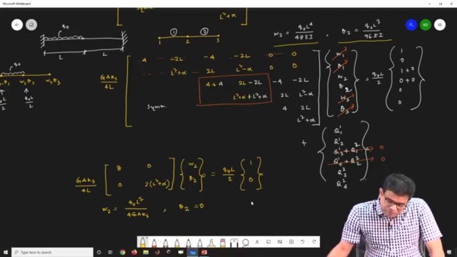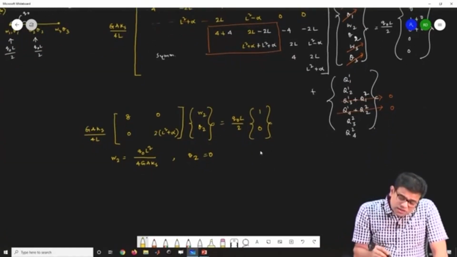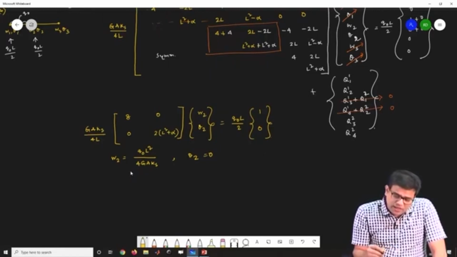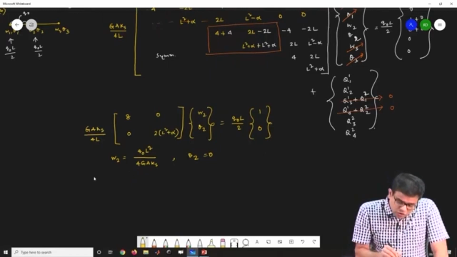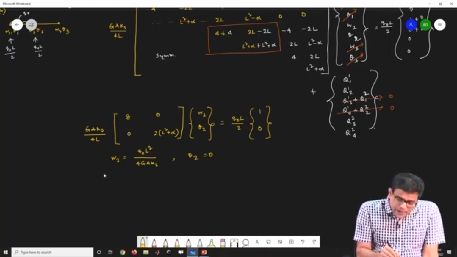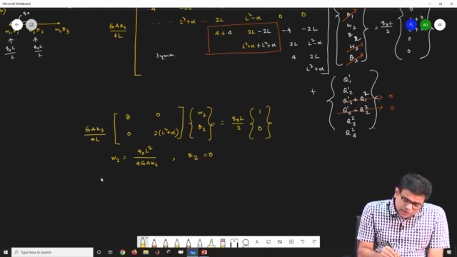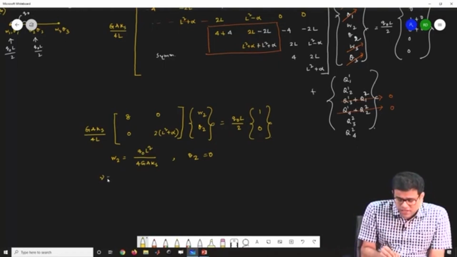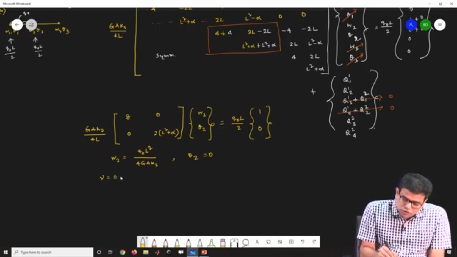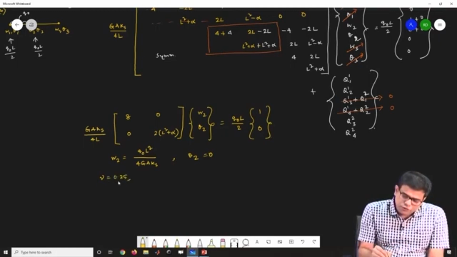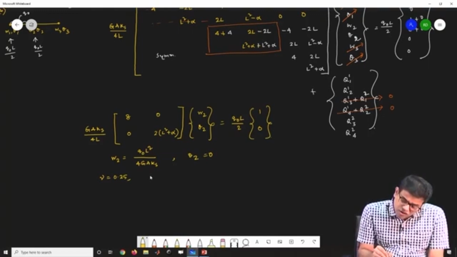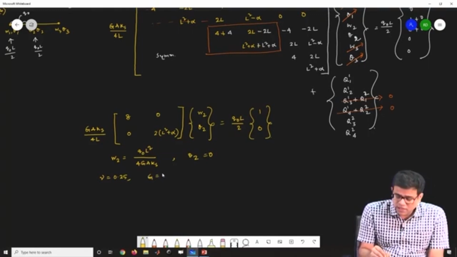Now, just to check whether this is correct or not, let us say that Poisson's ratio is 0.25. Then the shear modulus, that is G equals E by 2 into 1 plus nu.